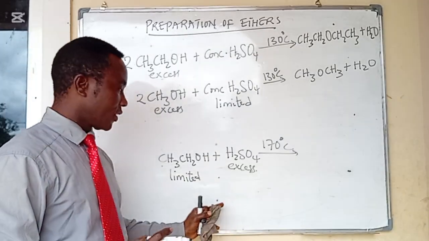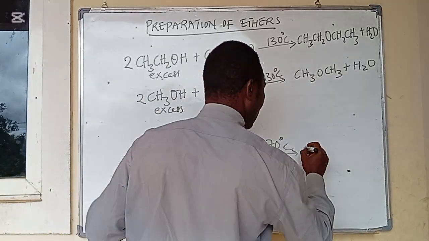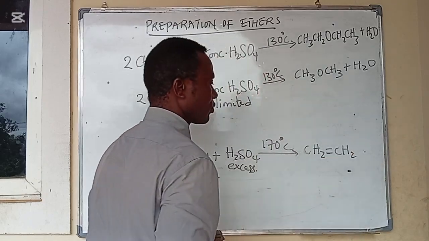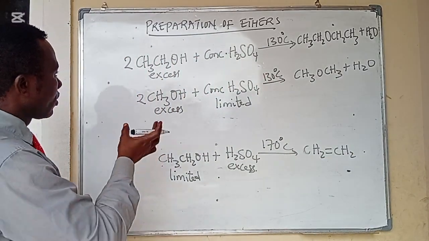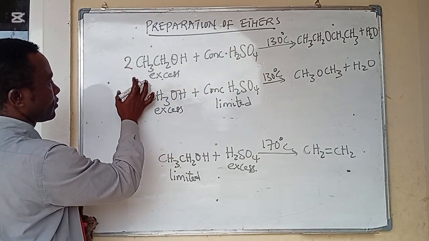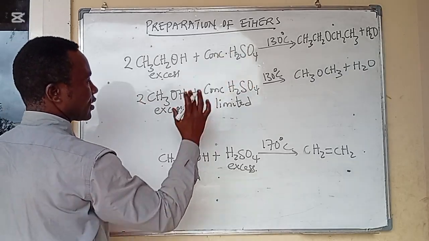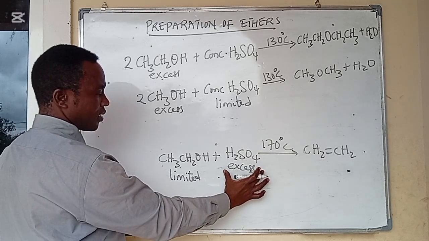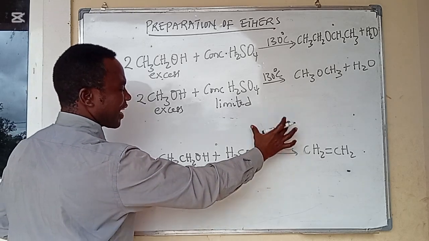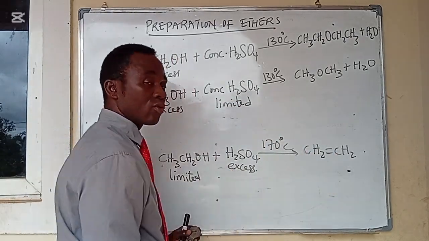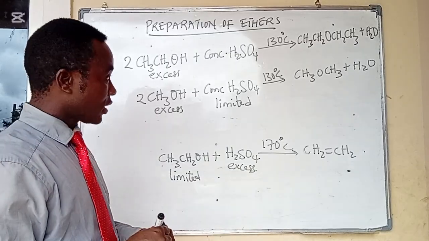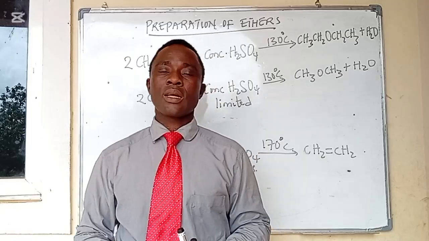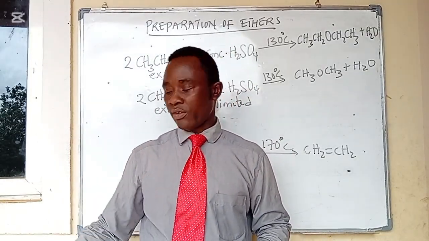You will get, in this case, an alkene, CH2=CH2. Remember, when ethanol is in excess and acid is limited, you get ether. But if the ethanol is limited, while acid is in excess at a higher temperature, you are going to get the alkenes. So that is another method through which ethers can be obtained.